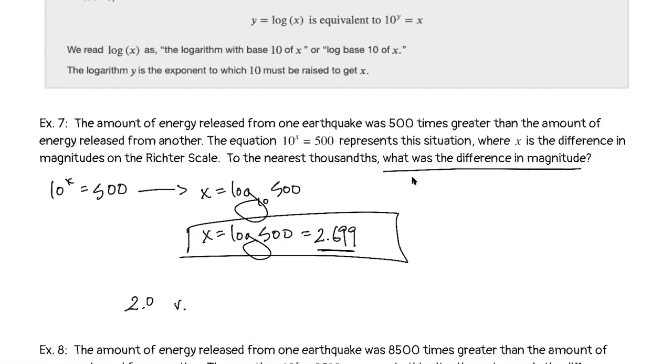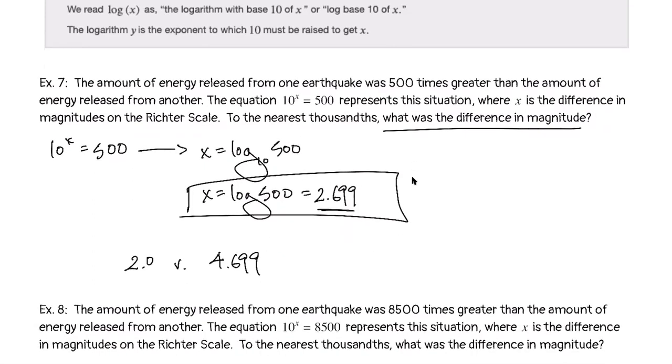Well, if this is the difference, I need to add that to my original. I get not 2.0, but 4.699. So if you have a 2.0 earthquake and a 4.699 earthquake, the 4.699 one isn't just 2 times bigger, it's 500 times bigger than the 2.0 earthquake. Does that make sense?